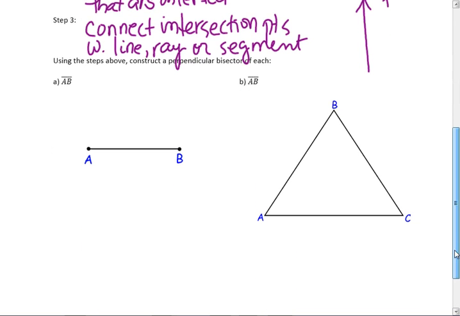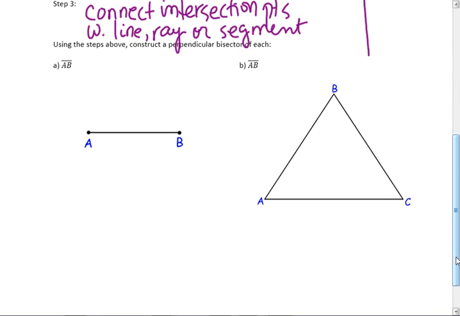And actually what I'll do is I'll just come down here. I want you to understand what's happening. Well, let's just use AB. When I put my compass point here and I draw this arc, what's true about all these distances? It's just part of a circle. They're equal. And when I put my compass point here and I draw a similar arc, guess what? These distances are equal because I kept the same opening.